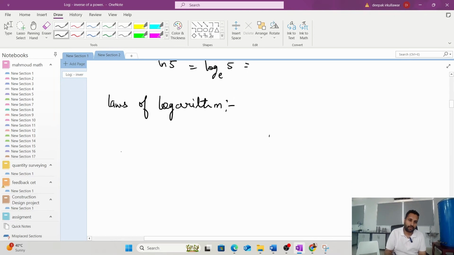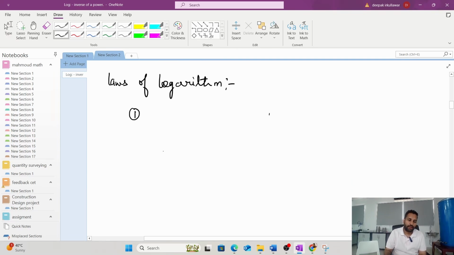So the first law is log base a of x plus log base a of y is equal to log base a of x times y.